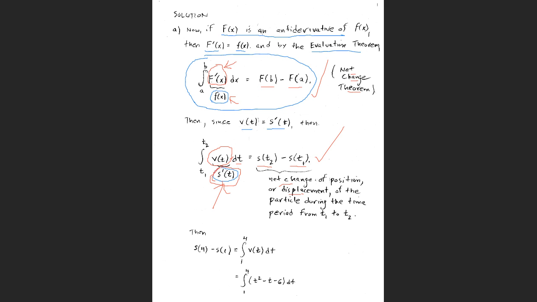So this means then that the displacement of the particle between times of 1 second to 4 seconds would just be the definite integral from 1 to 4 of v(t) dt.